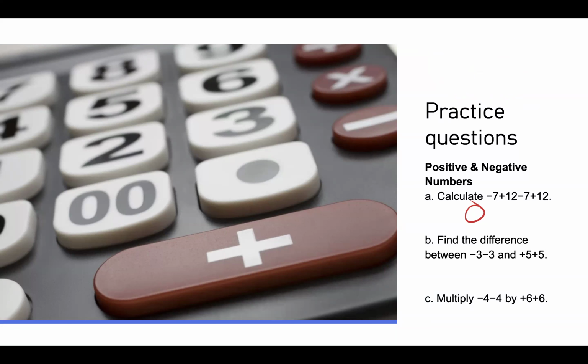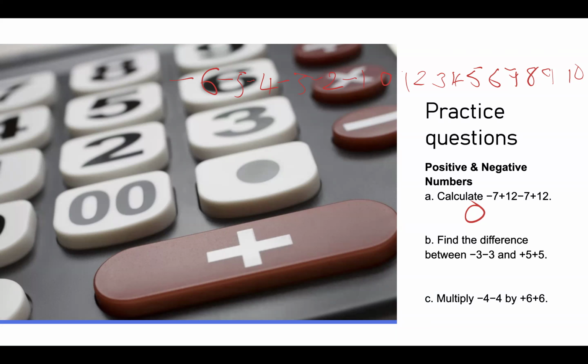So we have to write 10, 9, 8, 7, 6, 5, 4, 3, 2, 1, 0, and then 1, 2, 3, 4, and so on below the zero, obviously with minuses, guys.